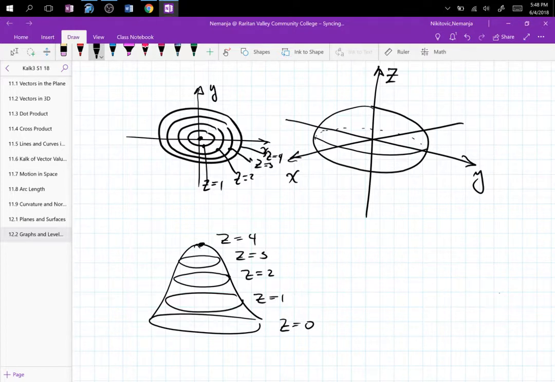Because the level curves are far apart, so there is no steep climb. But then if you try to go one of these stacks, look at that. They're very dense, so that means it's very steep.